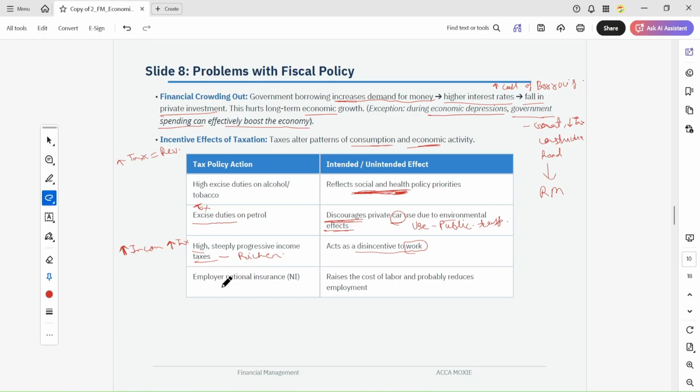If the employees have mandatory insurance, then your company has to pay the mandatory insurance of their employees, and this will increase the cost of labor and reduce employment, because you cannot afford more employees in your company now, since the employees you already have have become expensive.